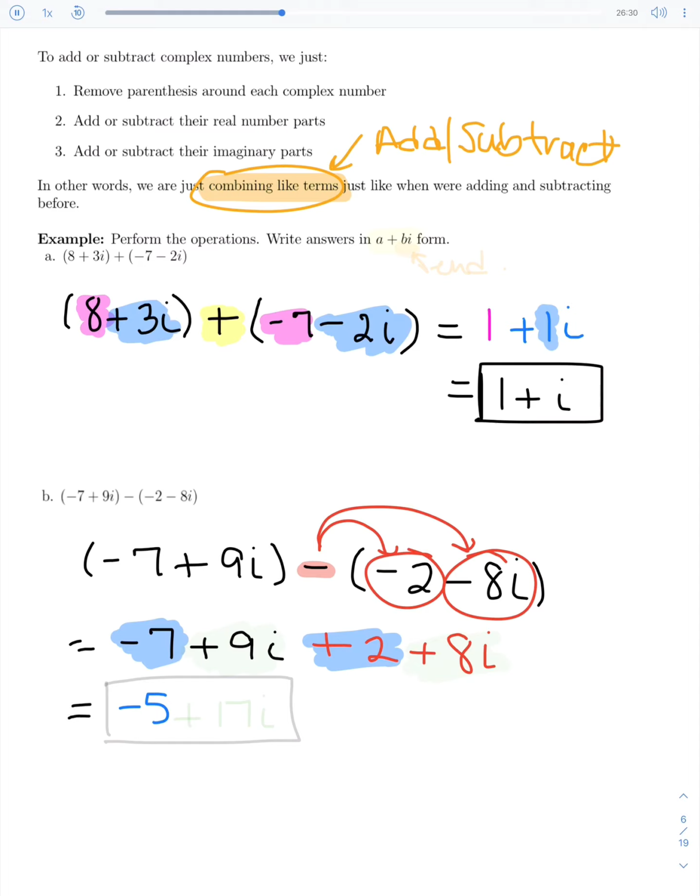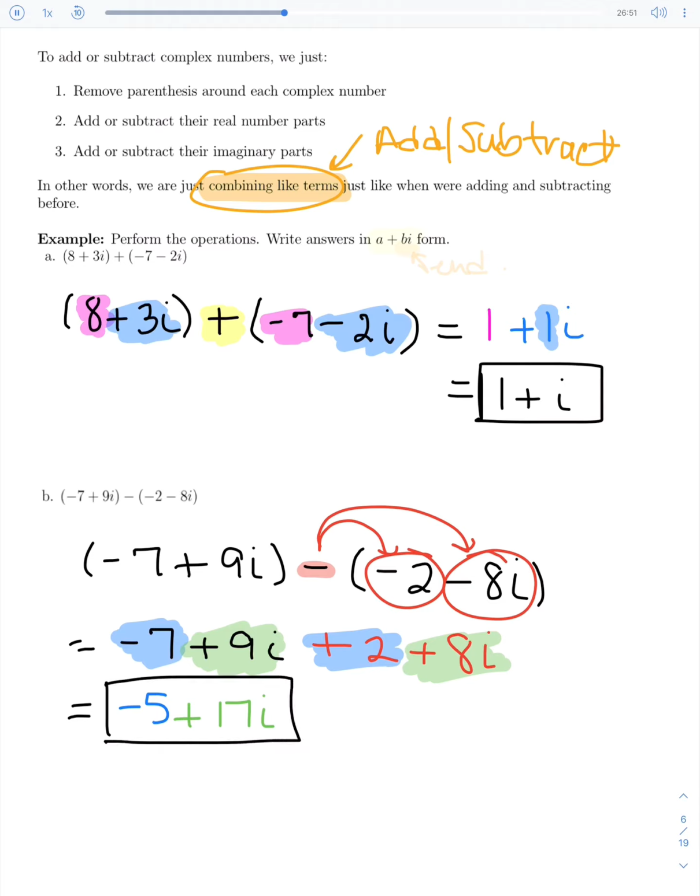And then adding my i terms, a 9i and an 8i will be a positive 17i. Be careful, I cannot add the negative 5 and the 17i because they are not like terms. But that is my final answer, a negative 5 plus 17i.